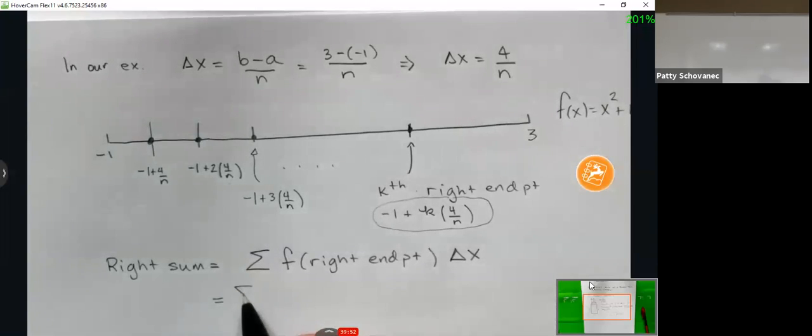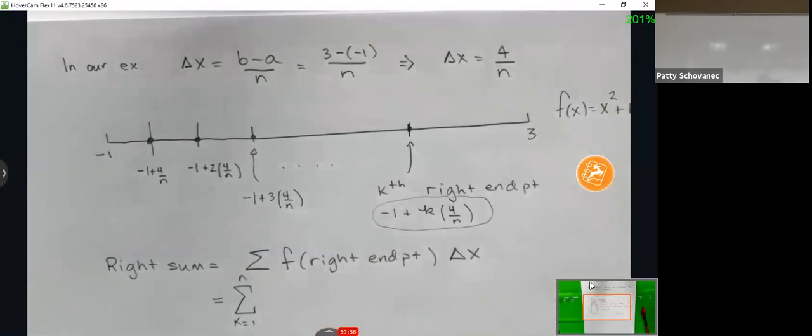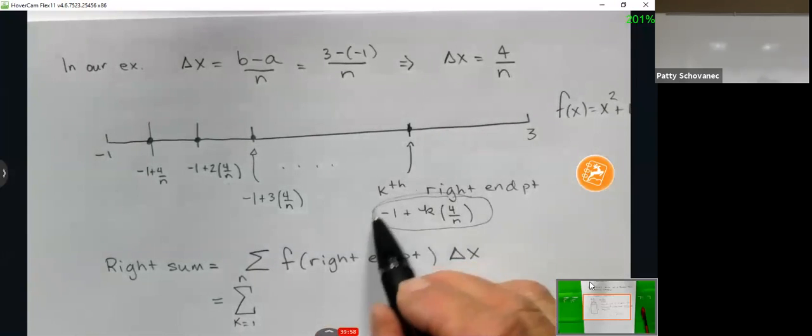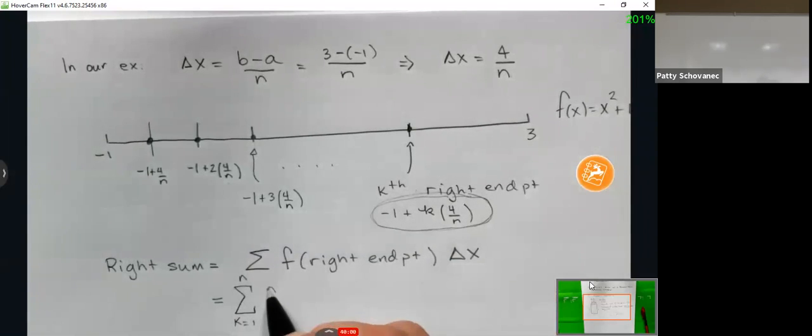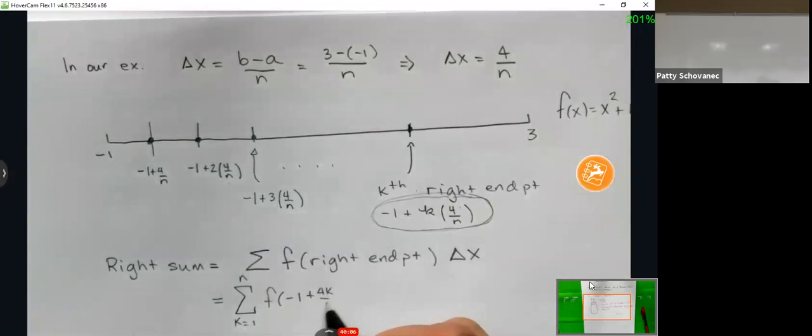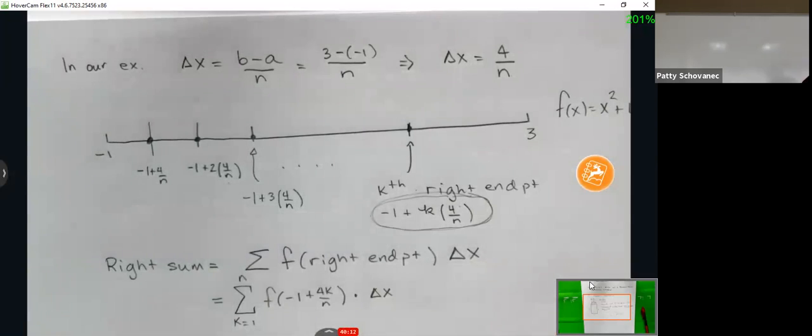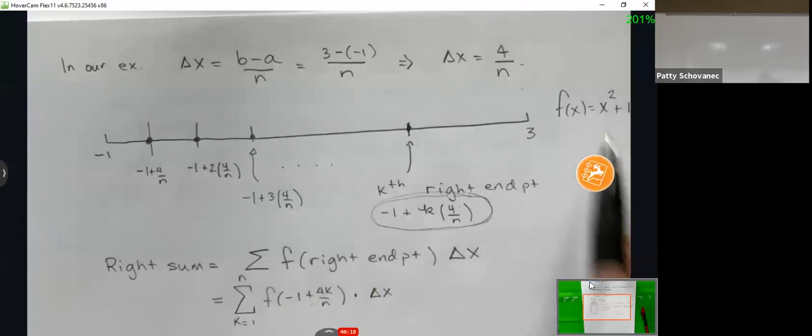So I'm going to form the sum from k is equal to 1 to n of f of this, let me write that as 4k over n, times my delta x. But delta x is 4 over n. And f is this guy.